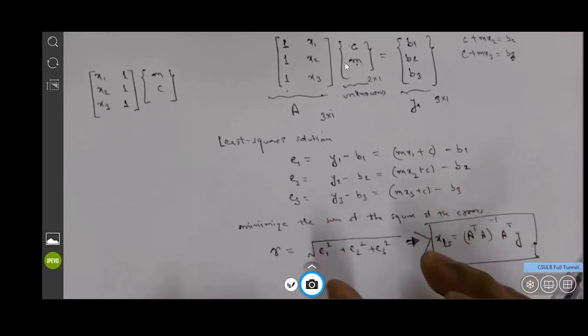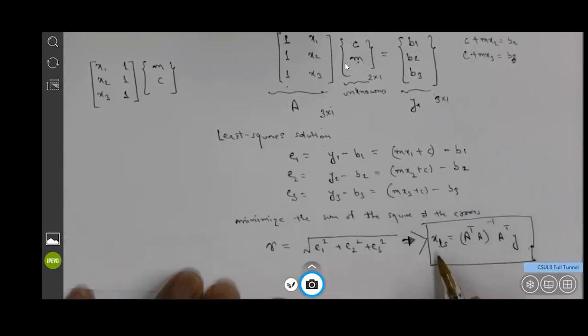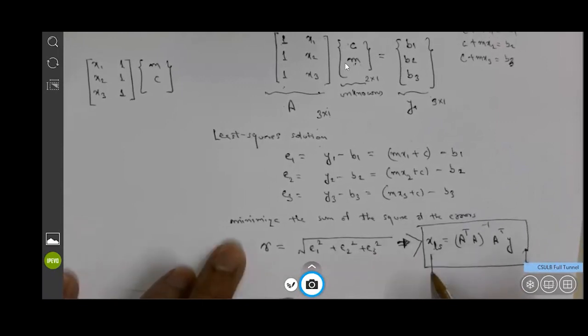And you square it, add it, and minimize the square root of the sum of the squares. So minimize the sum of the squares of the errors. That's what you actually get. Now, what is the X least square solution? What is X here? X is your unknown vector.